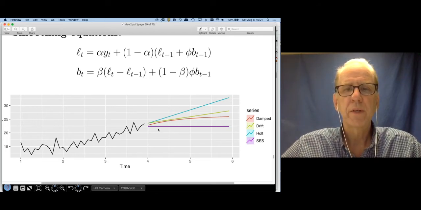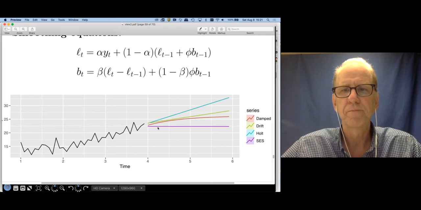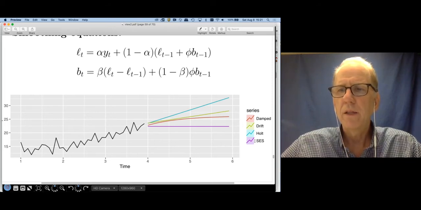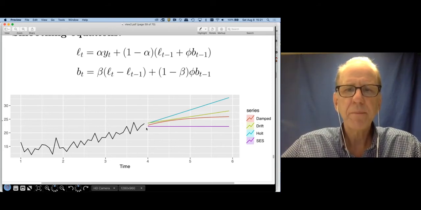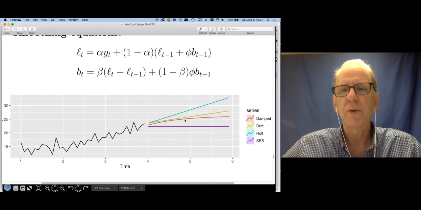The drift method is also going to project out as a line, but it doesn't pick up on the fact that the slope is changing. But let's go look at our damped method. So the damped method, you'll see, starts out increasing really close to the same rate as the Holt method, but then you'll see it flattens out.